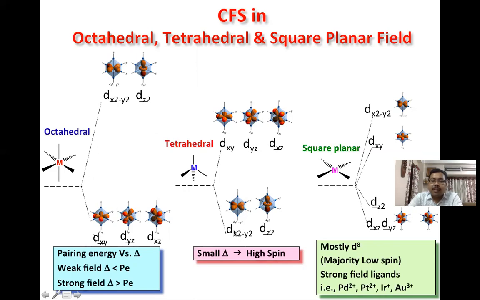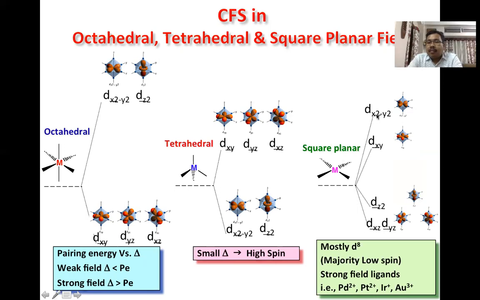Here you can see that dx2-y2 and dz2 orbitals will have lower energy, but these 3 orbitals dxy, dyz and dzx will have high energy. Similarly, if we have a square planar geometry, then we will have four sets of orbitals.